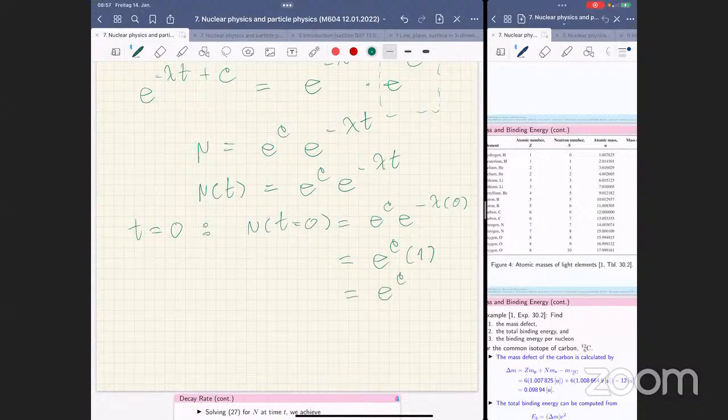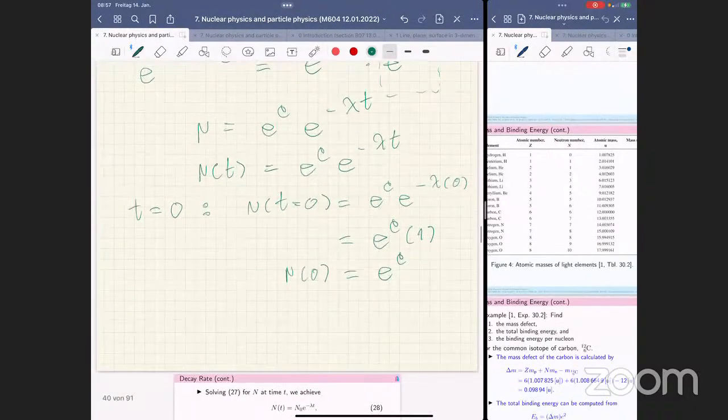And that's why we have N at time 0 as the initial amount of the nuclei. Okay, so this one we will force to be N0. So N0 is the initial amount of the nuclei.